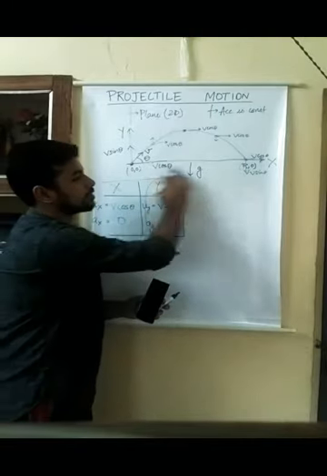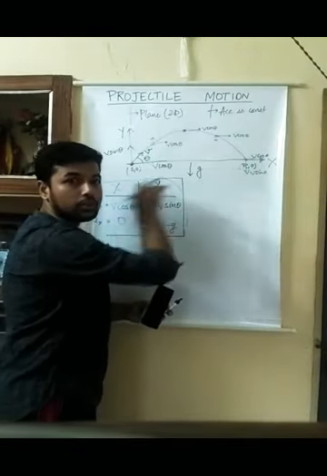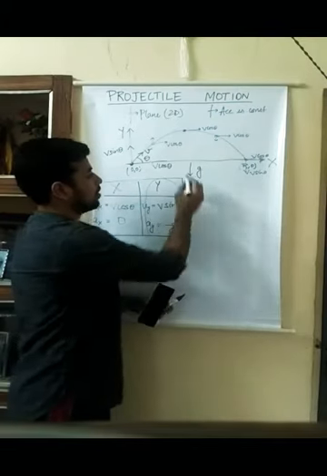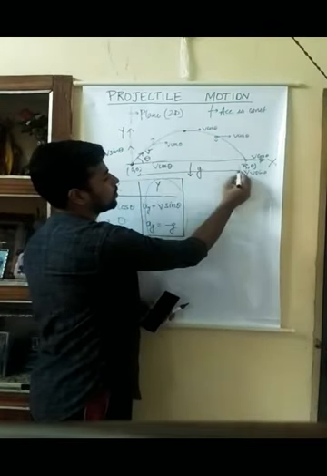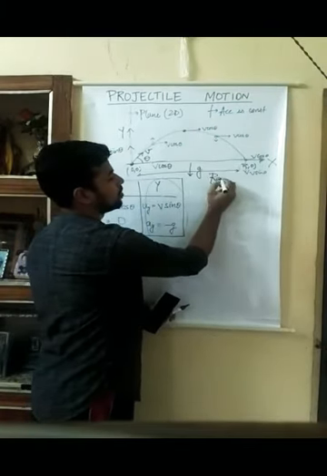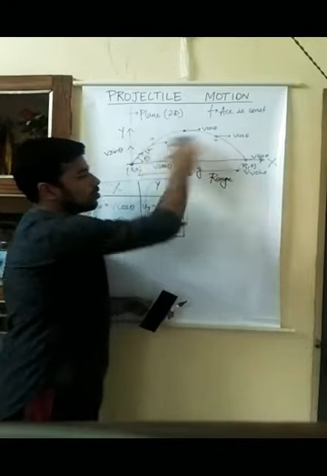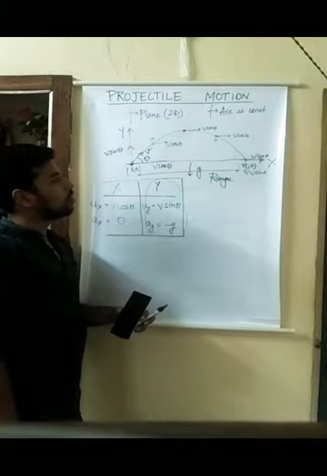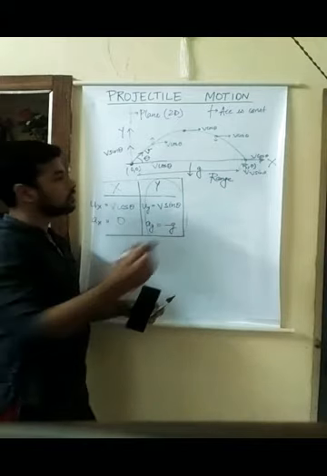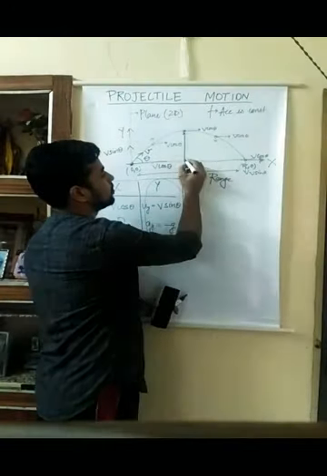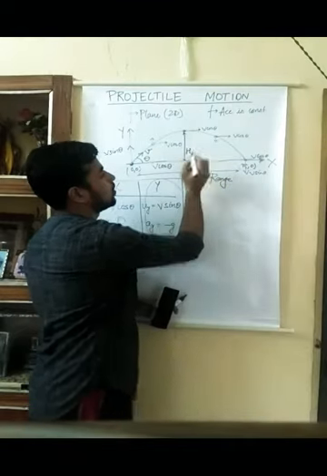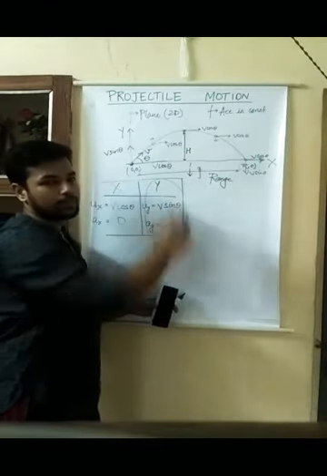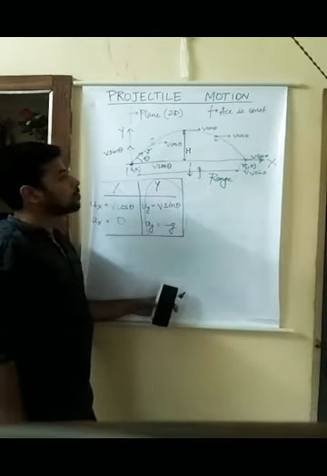The distance covered by this projectile in horizontal direction is said to be range. A horizontal distance covered by this projectile is said to be range. And also one thing that we can obtain is maximum height. So we can also obtain maximum height attained by this projectile.